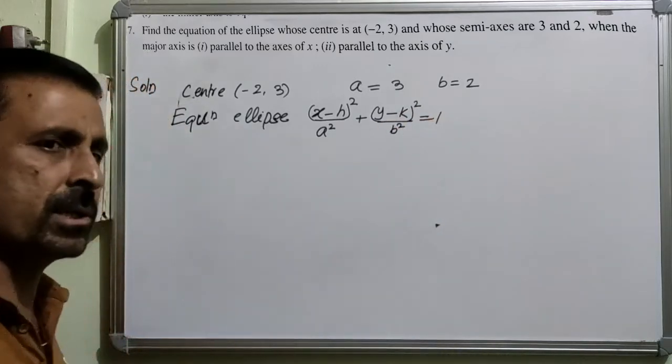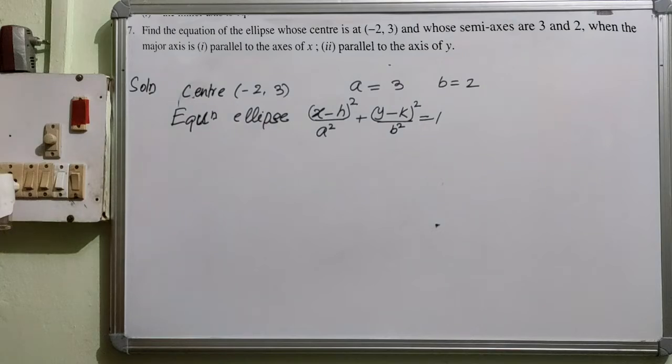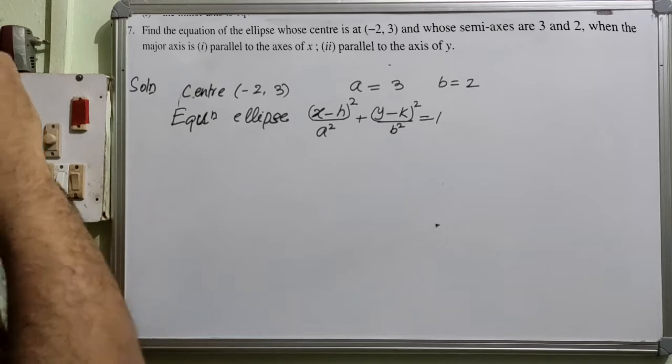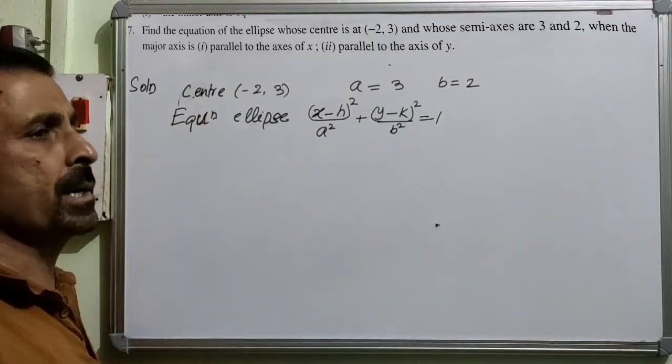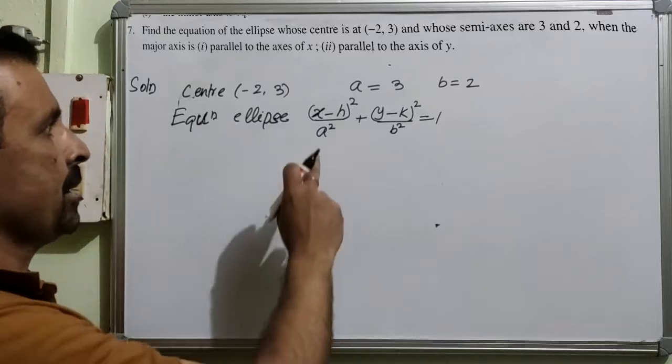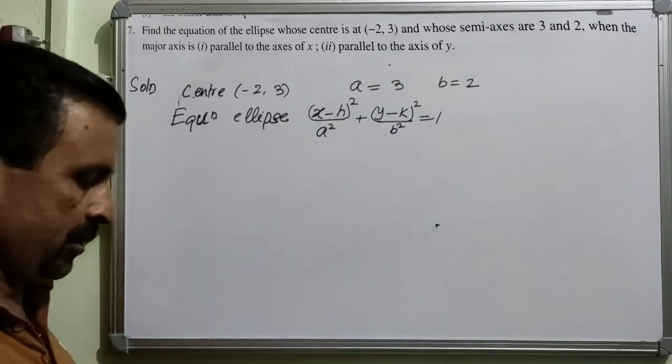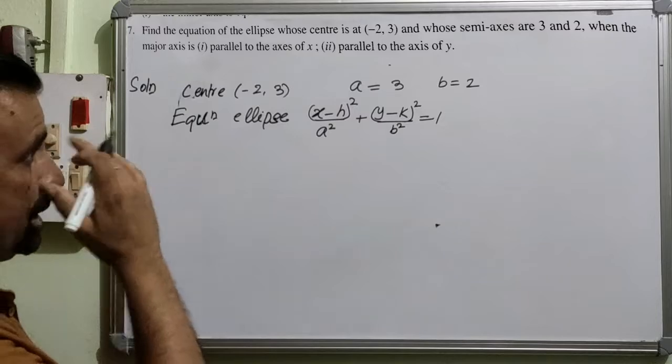This is the equation that we will be using. Is it very clear? Where h and k are the coordinates of the center. A and b we already have, so we can directly find the equation by putting in the values.